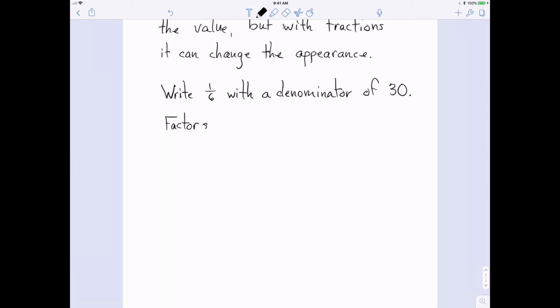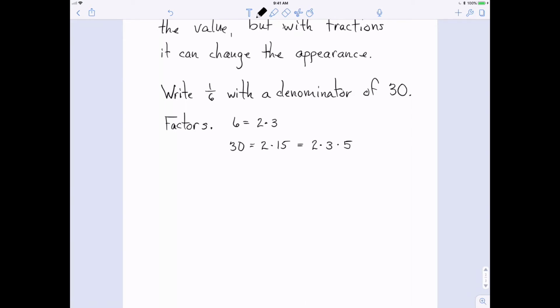You have to do that. Notice that 6 factors into 2 times 3. Let's take 30. Well, there's a 2 in it. I could factor it into 2 times 15. And then I could go even further because 15 gives me 3 times 5.